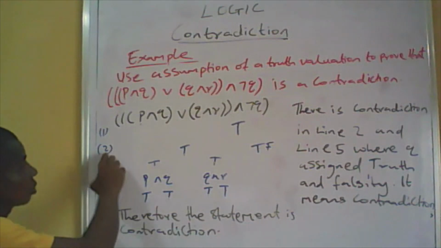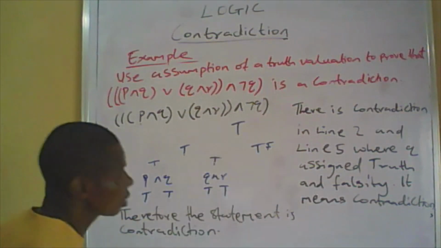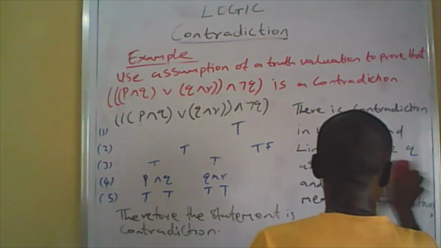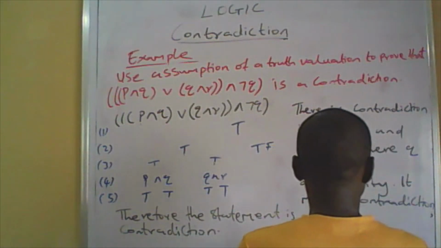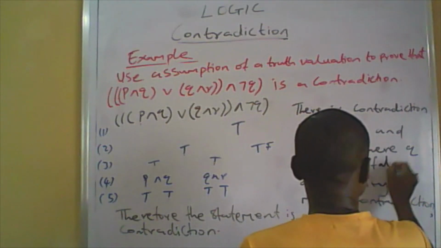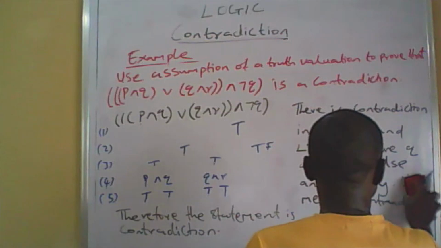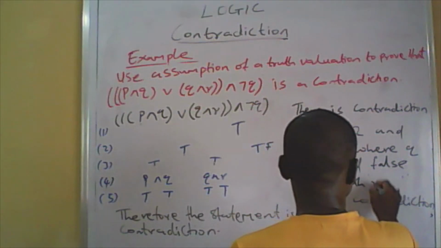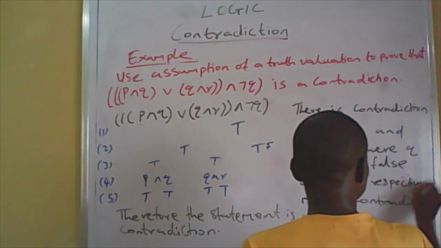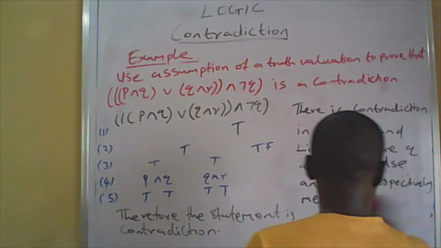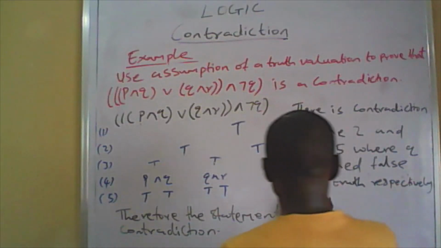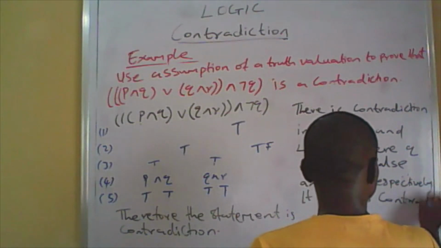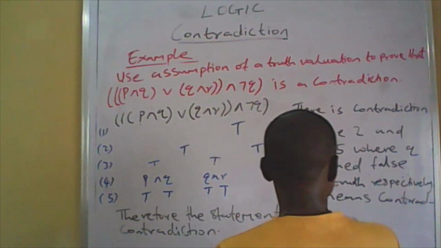So we see that in line 2, we have false assigned, and the truth, respectively, one after another. It means contradiction.